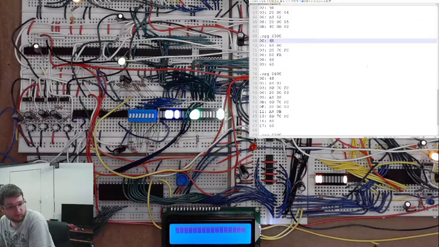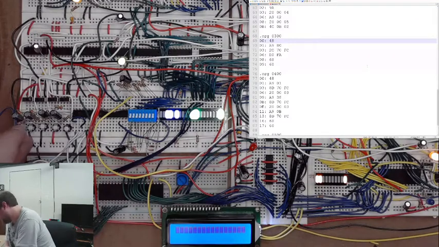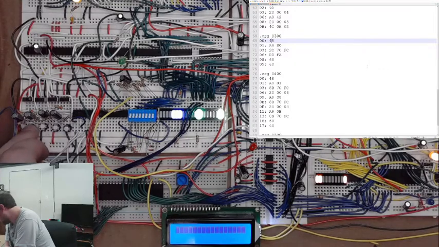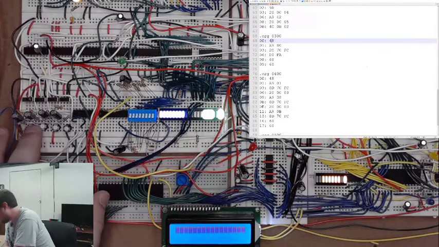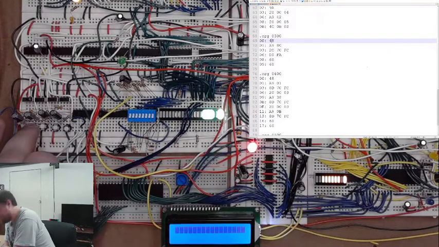And then it's going to read the LCD. So we should see that. So the address, the enable for the LCD, maybe it'll come on when I hit the clock cycle. I think that's what it is, because it is clock gated. So yes, we're reading.